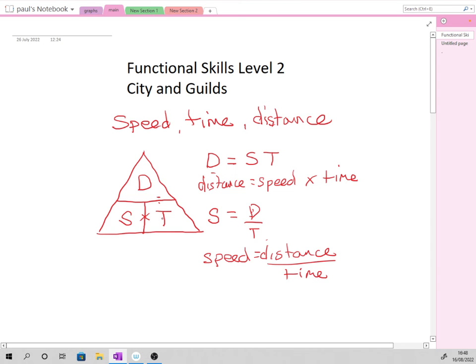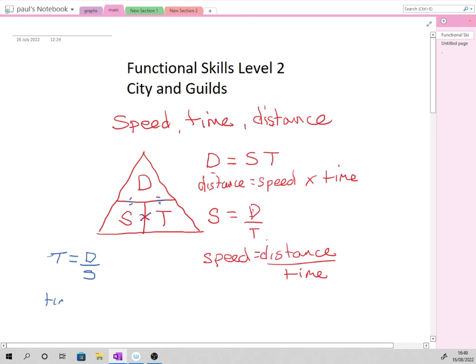And the third one, if you want to know the time, is the distance divided by the speed.